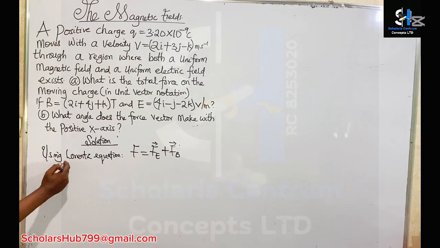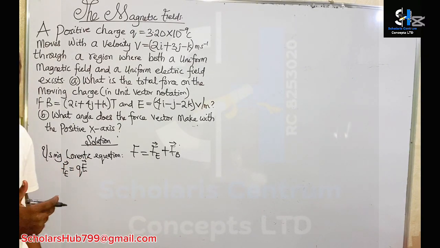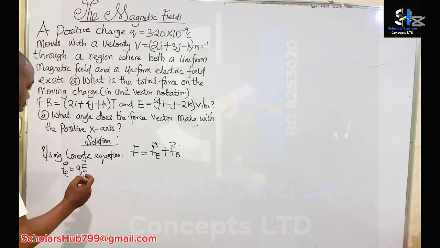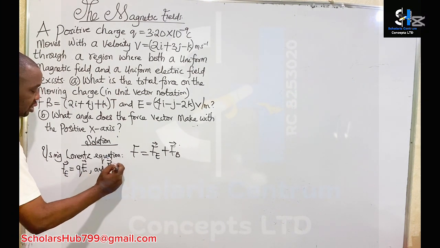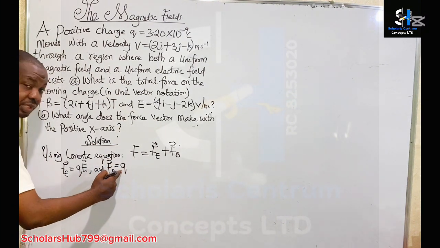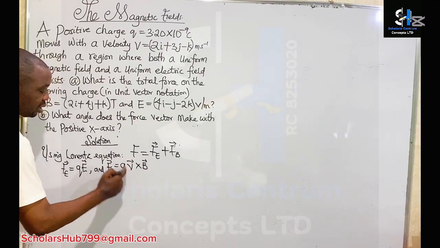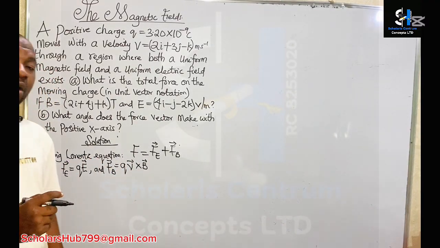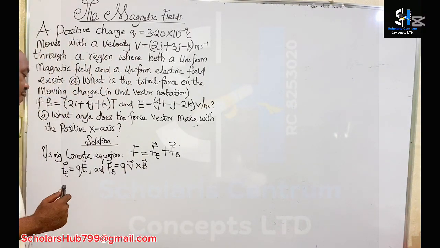The electric force is the product of electric charge and the electric field intensity. Then we know that the magnetic force is the product of electric charge and the cross product of the velocity vector and the magnetic field vector.